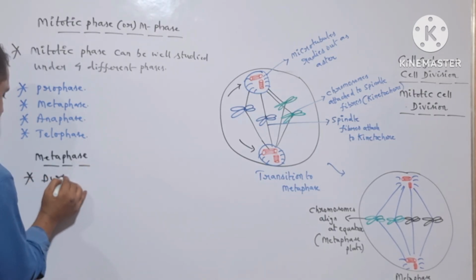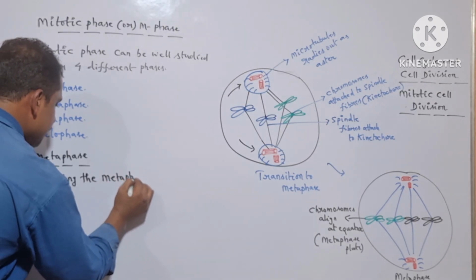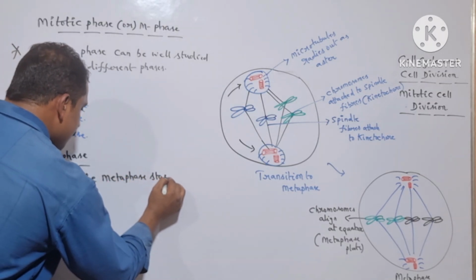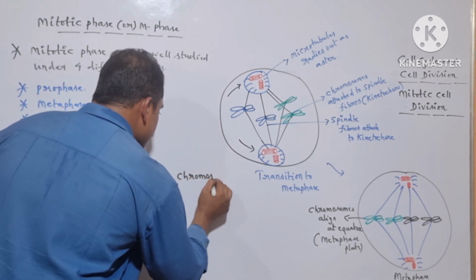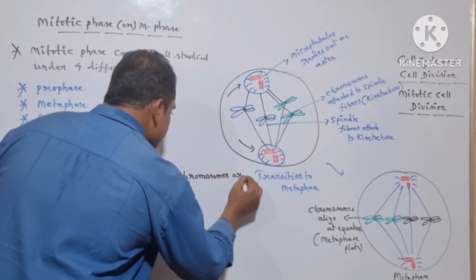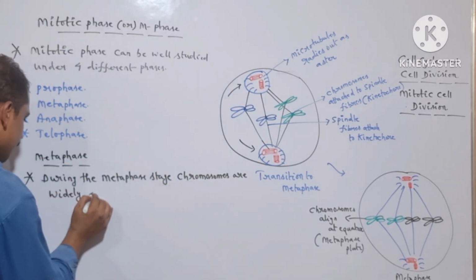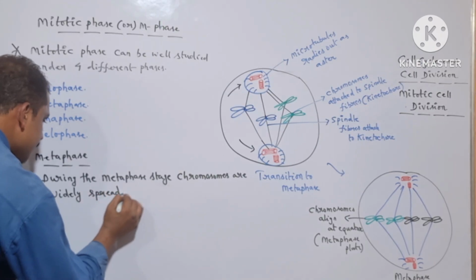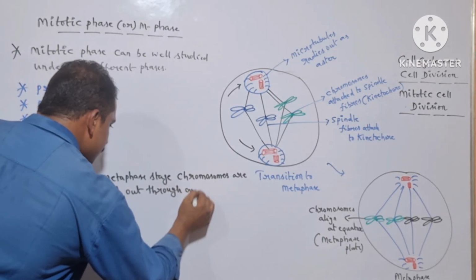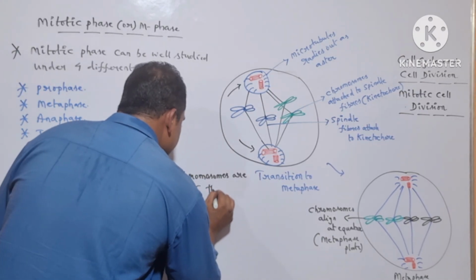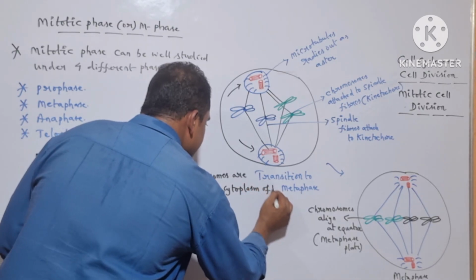During the metaphase stage, the chromosomes are widely spread out throughout the cytoplasm of the biological cell.